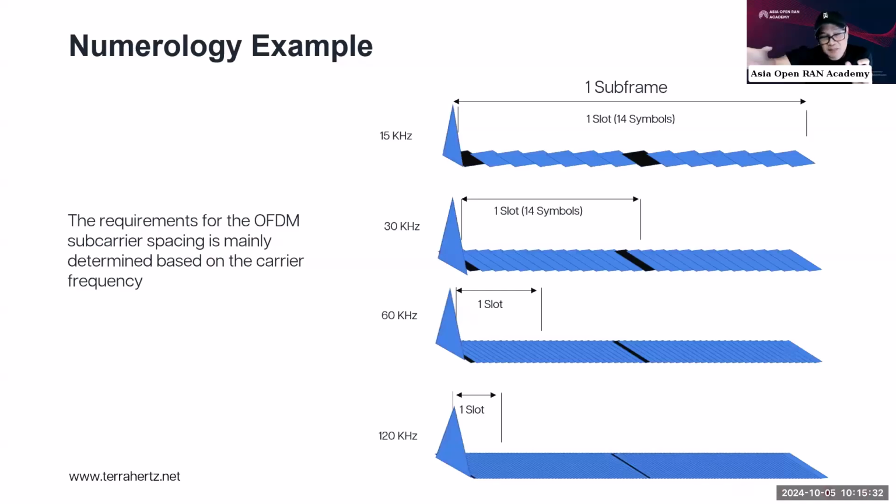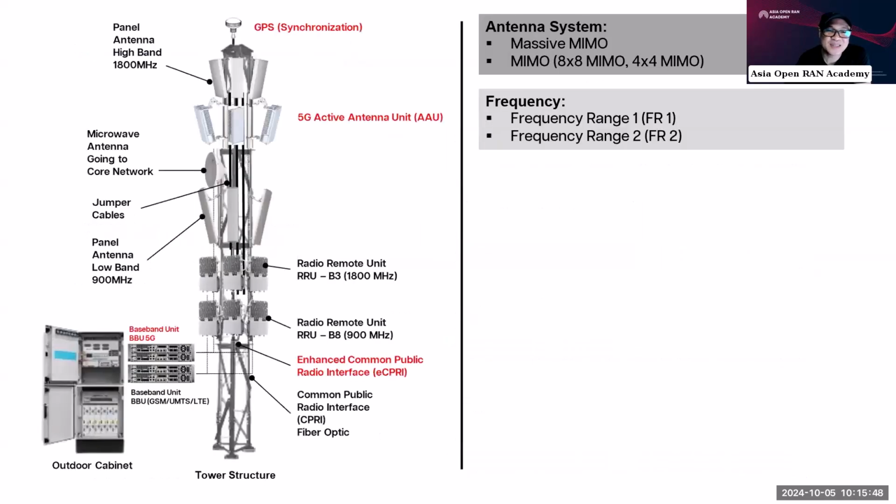Kasi madaming symbols na nakukuha dahil mas maliit yung kanyang time. Yan. Ito yung ating numerology. Ayan. So, yun yung ating frequency, no? Ayan. So, marami talagang pag-usapan sa frequency kasi pagdating sa air interface, medyo merong isa pang course for 5G air interface para mapag-usapan natin.